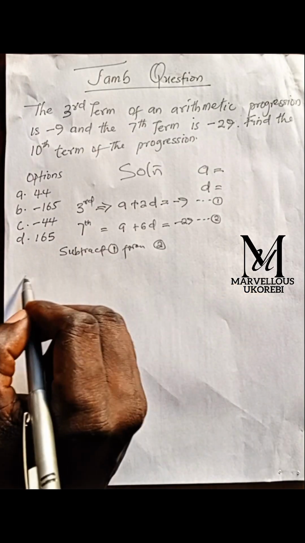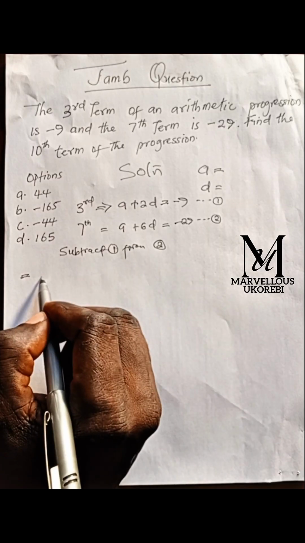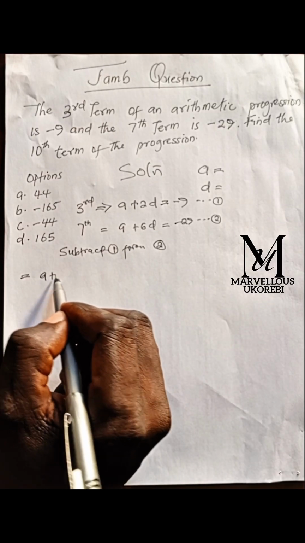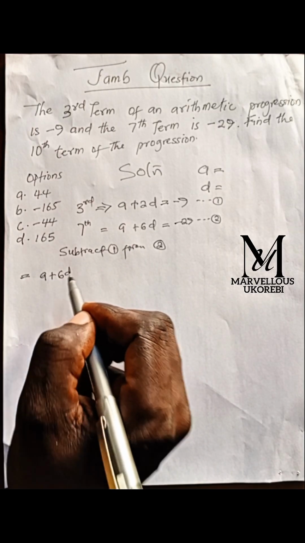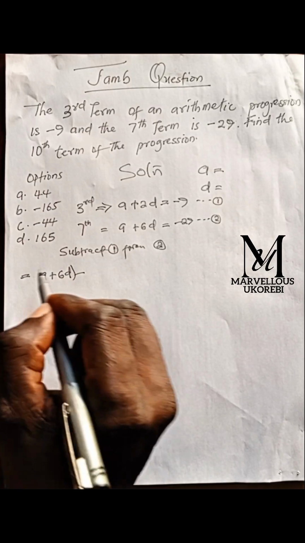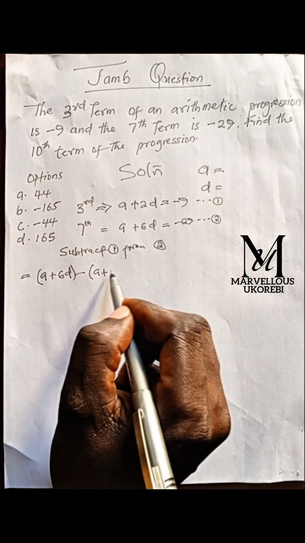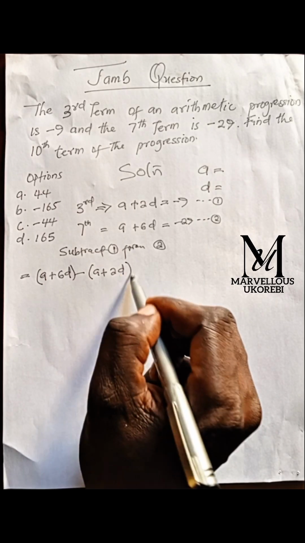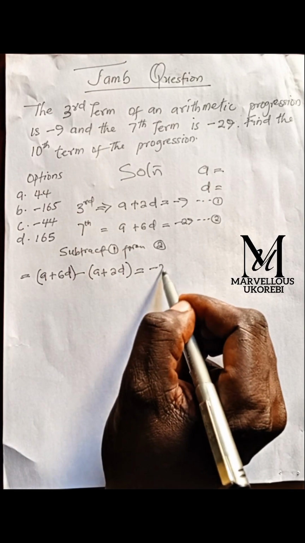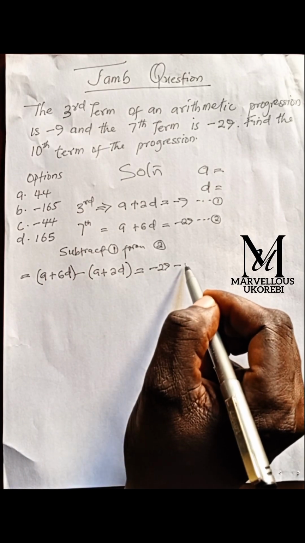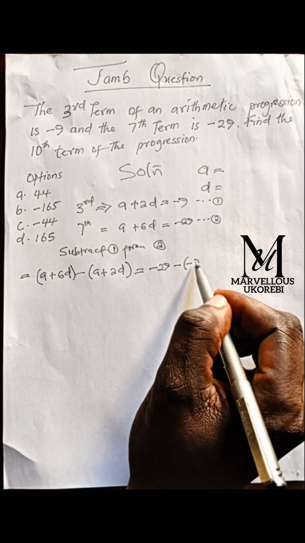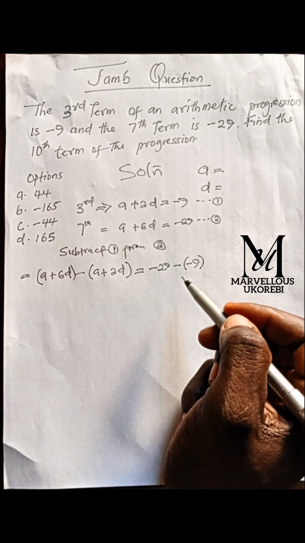So what is our equation 2? We have a + 6d minus (a + 2d), which is equal to -29 - 9.